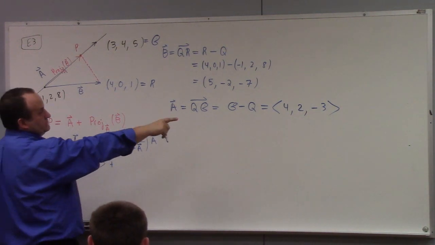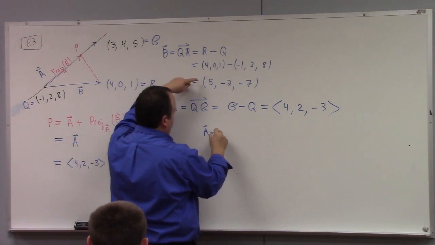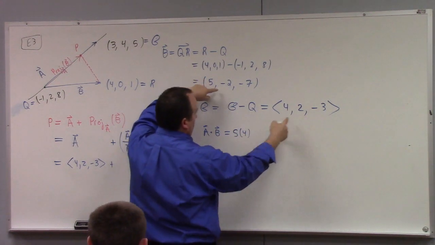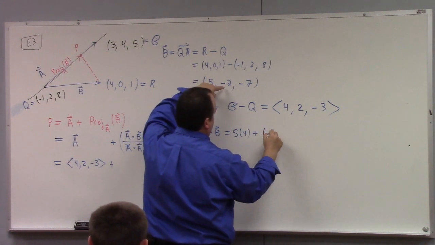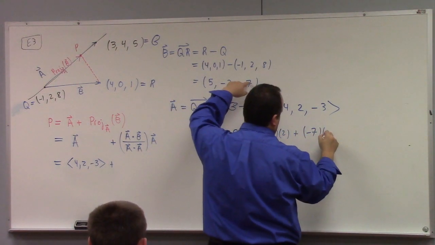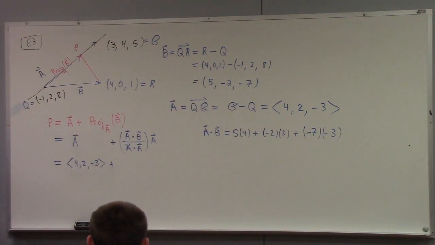What's A dot B? We've got 5 times 4, right? Plus minus 2 times 2, plus minus 7 times minus 3. So what is A dot B equal to?